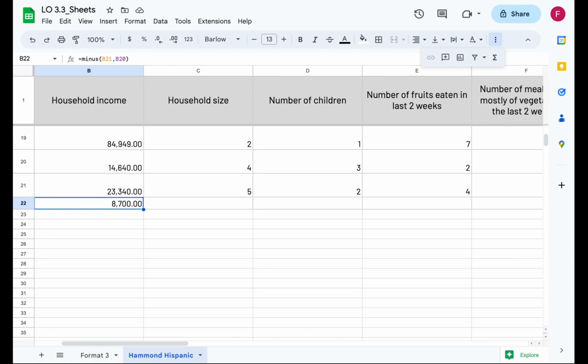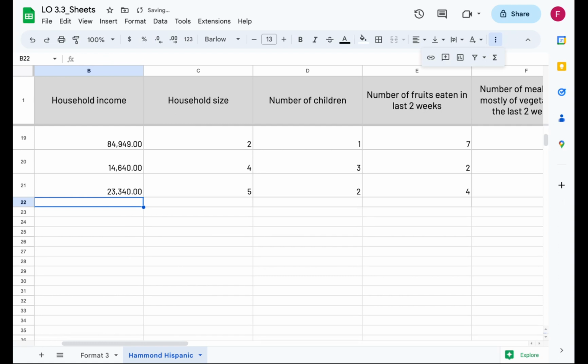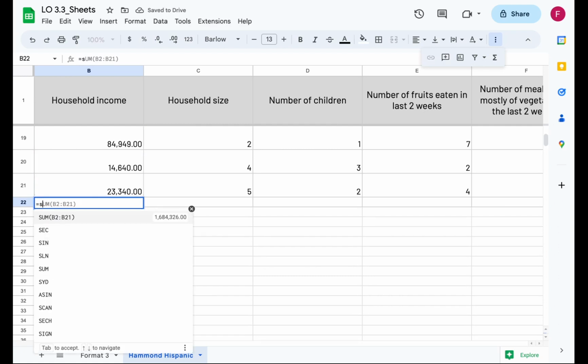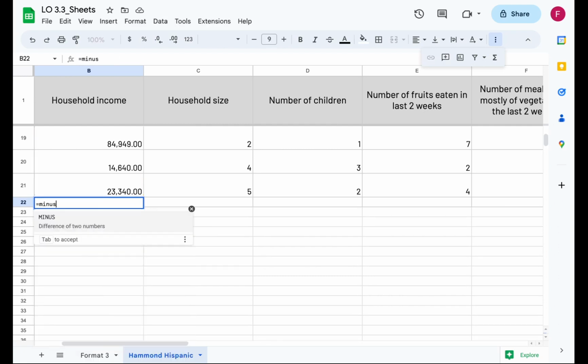So with the subtraction, you have to know which specific values you're trying to subtract from, because let me try to use the same function that I used for sum, and let's see how that goes. So let's say this is B1 and B21.